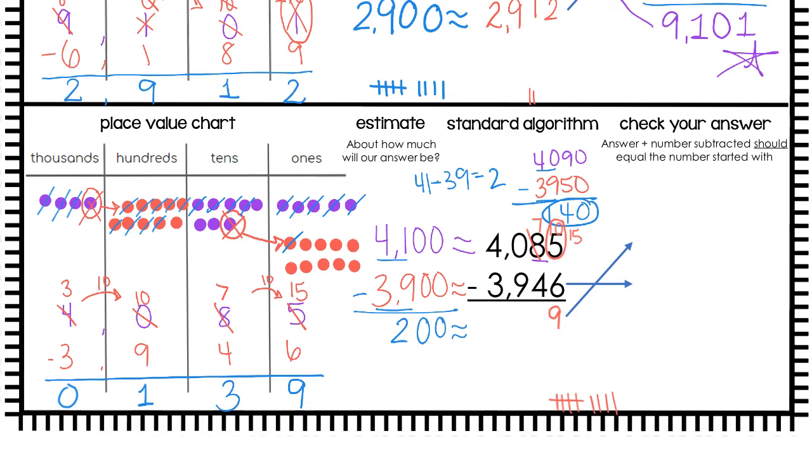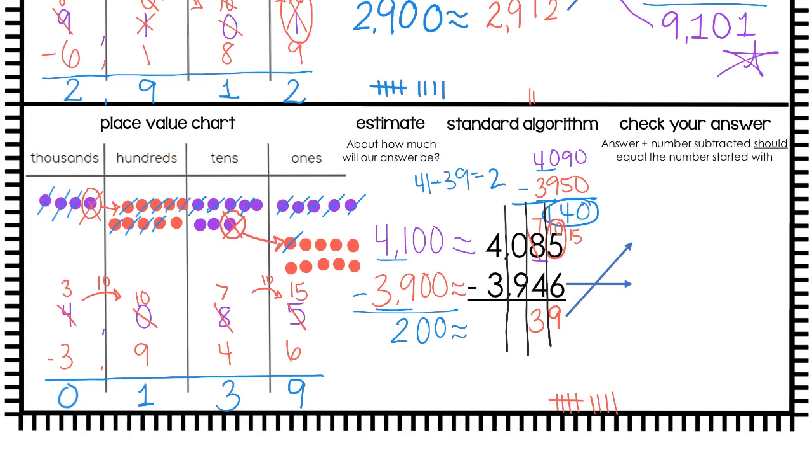I'm going to draw my line so that we can see here because there's a lot going on this page. In the tens place, I have 7 minus 4. 7 minus 4 is 3. Then I go to my hundreds place. 0 minus 9. I could regroup, or I could say, well, 40 minus 39, because I'm in my largest columns, is really 1.